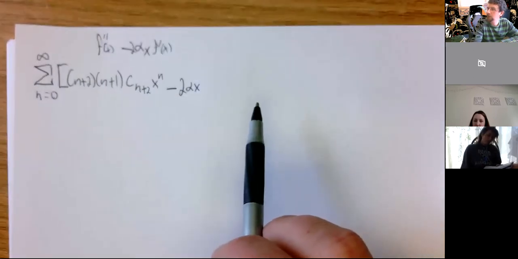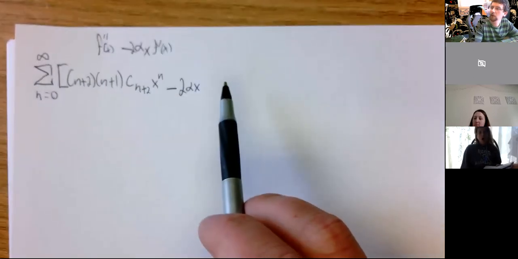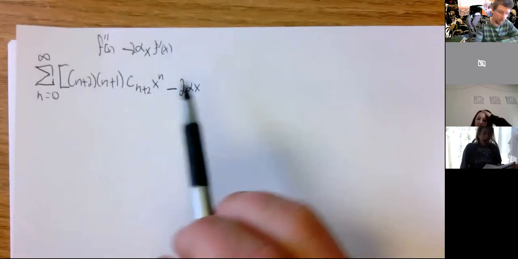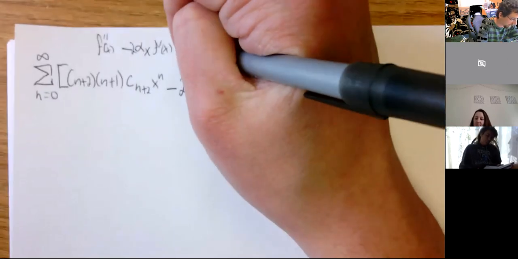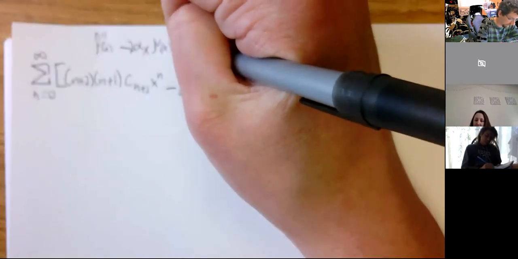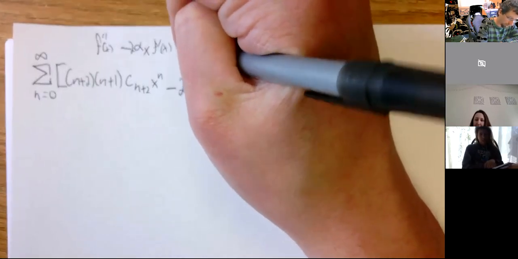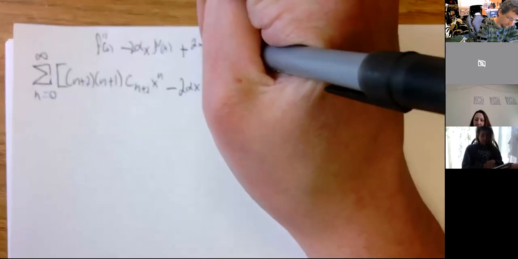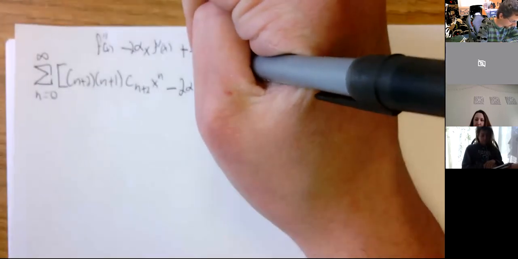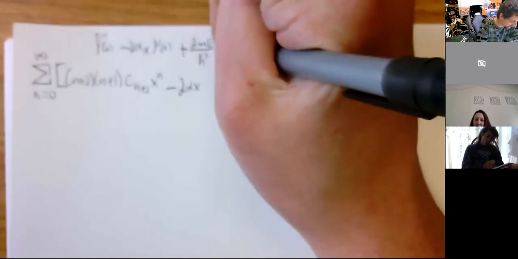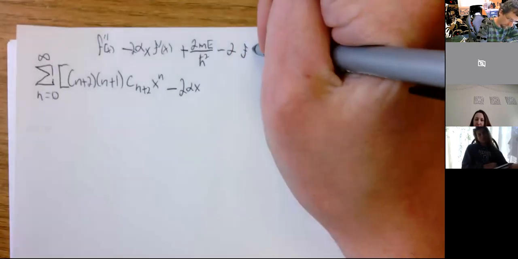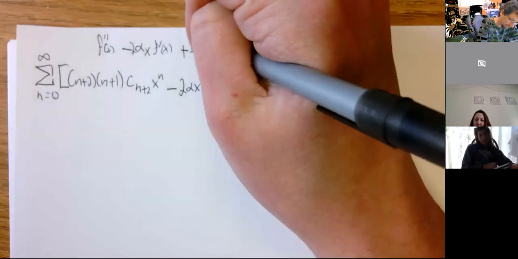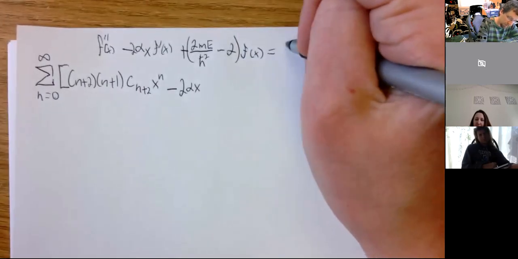Because we're going to put in a couple of series. This part's a series, and then we have F1 plus 2m over h bar squared times E minus alpha, times f of x, like that, equals 0.